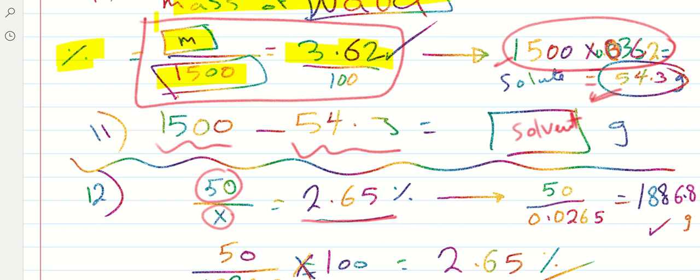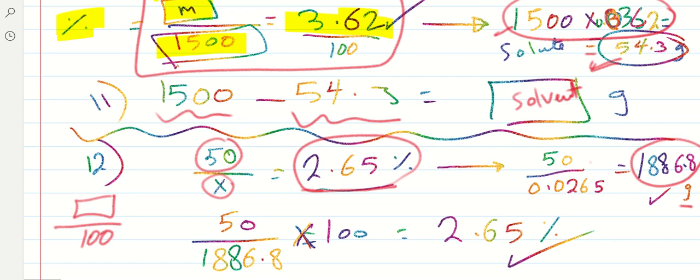Very easy. You have to just rearrange and don't forget that this percent means this number divided by 100. So you have to convert it to decimal. And it will be 50 divided by 0.0265 and it is equal to this number in grams.